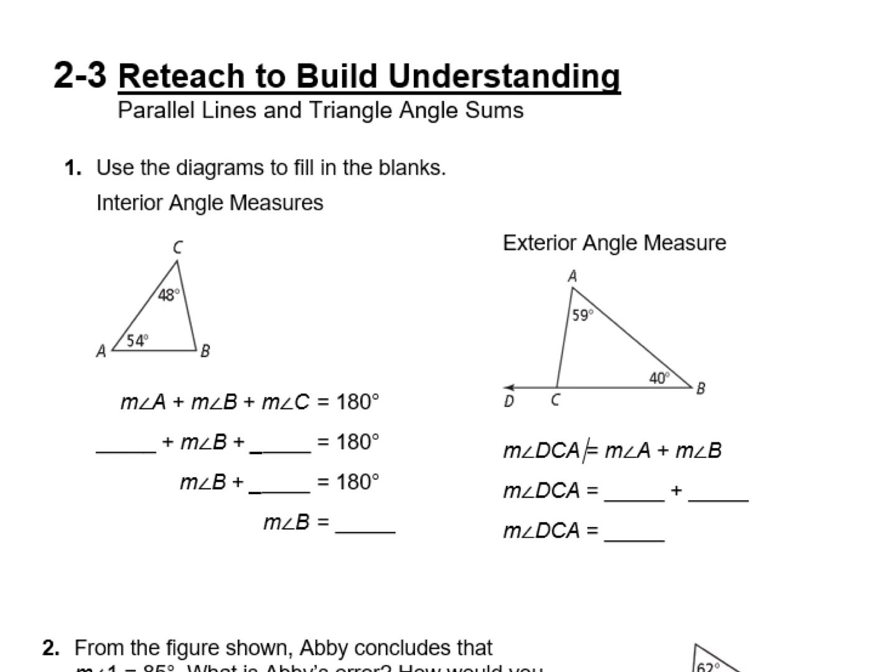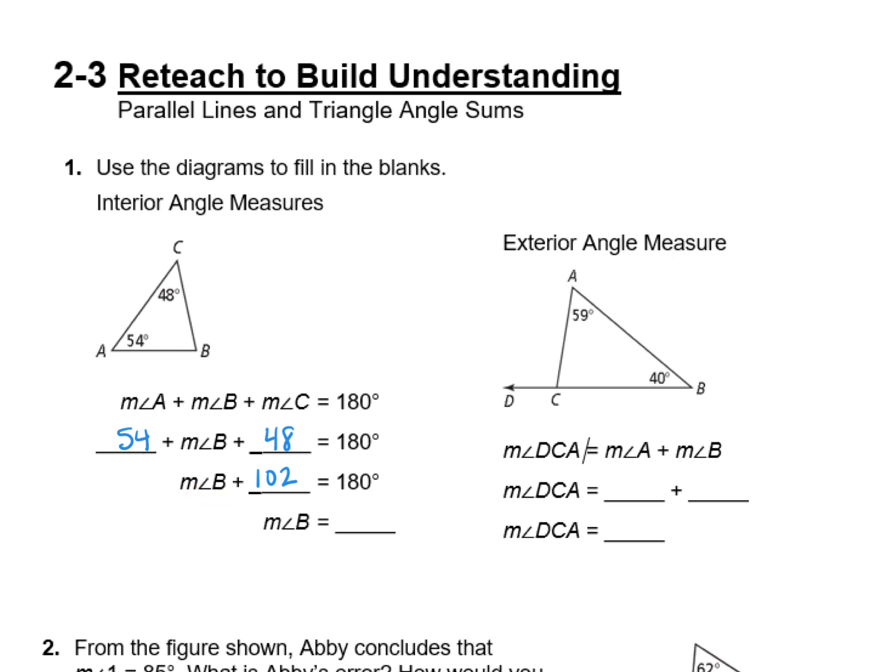So let's fill in our information. We know the measure of angle A is 54. We don't know the measure of angle B, which is why we're going to leave that as measure of angle B. And we know the measure of angle C is 48. So we can go ahead and simplify 54 plus 48. We get 102.